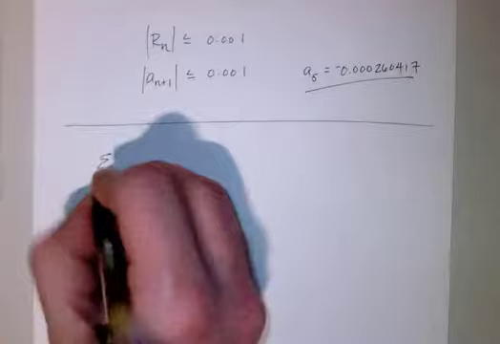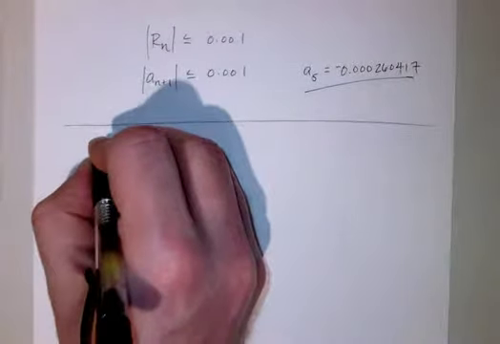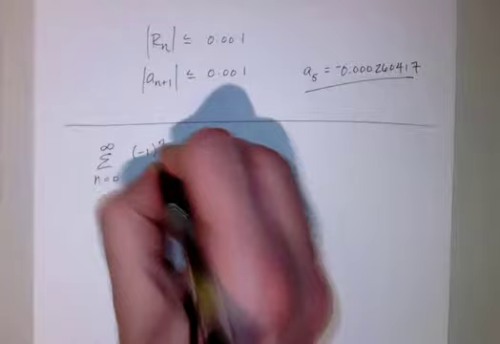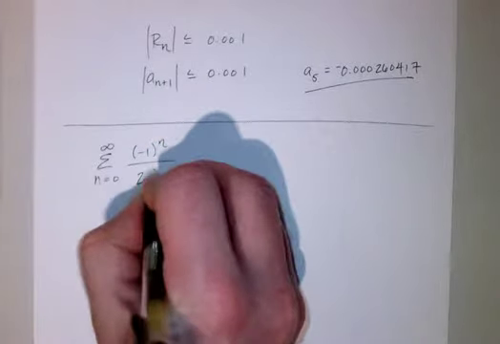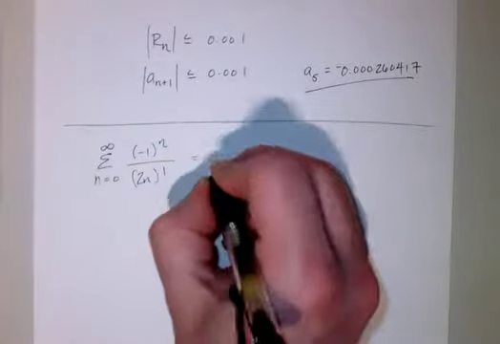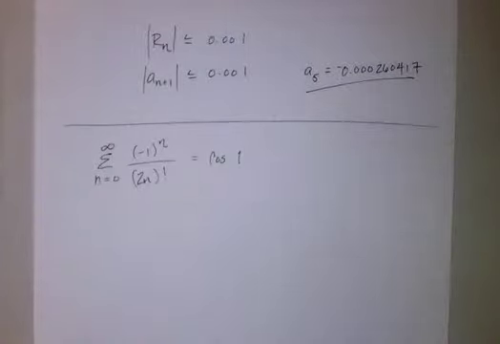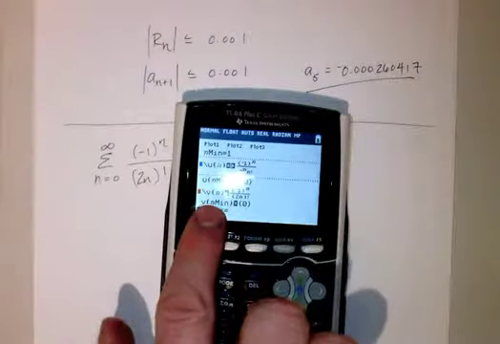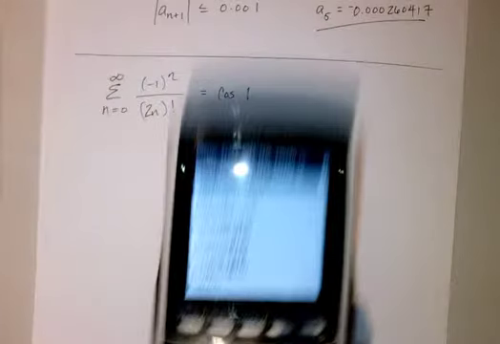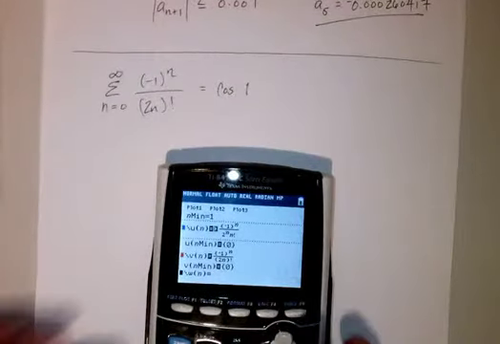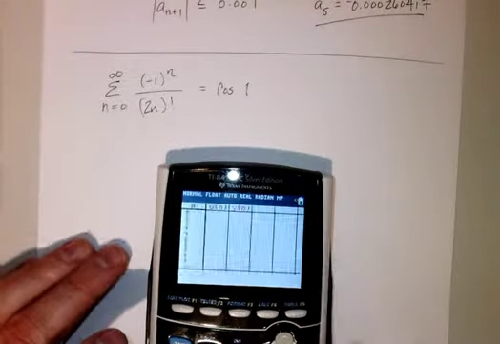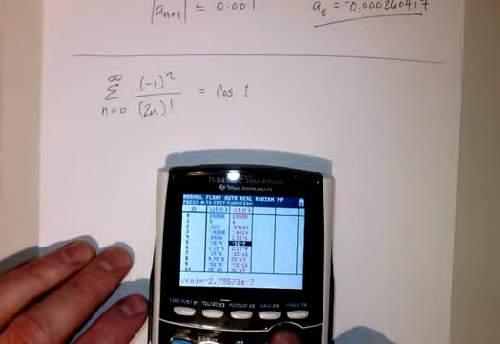I've plugged this one into that same y equals screen, so we'll get back there in just a second. The sum of ... over 2n factorial is equal to cosine of 1. And of course, they mean 1 radian. I'm looking for the same thing, an error of less than 0.001. So let's go here, and we see that we have plugged that one into v of n. If we go to that same screen, it should be over here.